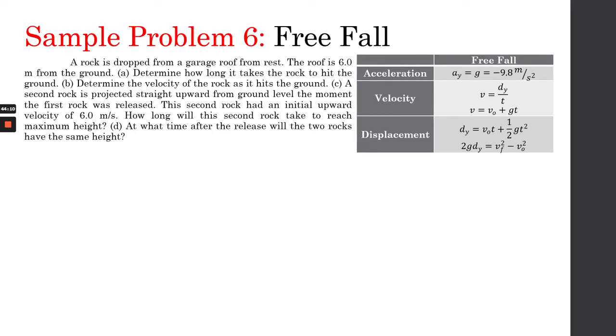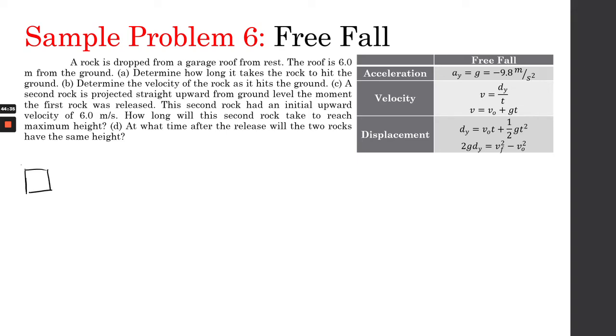So here there's quite a lot happening in sample problem number 6, but let's all get through it. Okay. So a rock is dropped from a garage roof from rest. So we have a garage. Let's draw this.